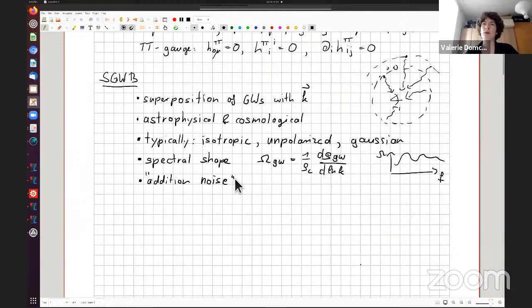And in some sense here the goal is similar. The goal is to build a very sensitive instrument and then to realize that it's not actually that sensitive, right? Because there's some additional noise contribution which you cannot account for with any of the instrument components, and that essentially then comes from this cosmological or astrophysical background of gravitational waves.